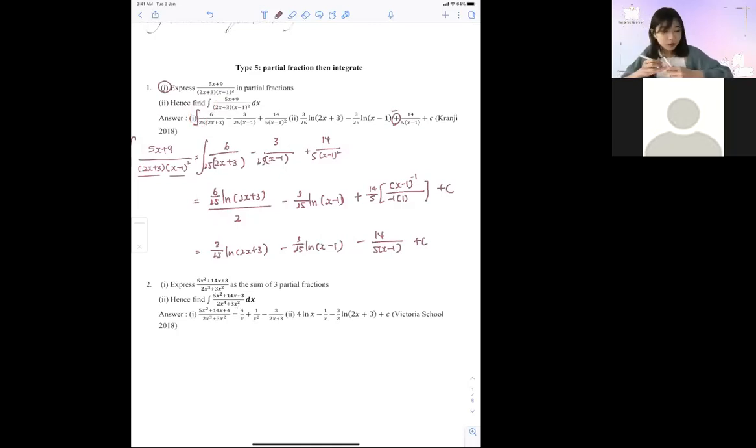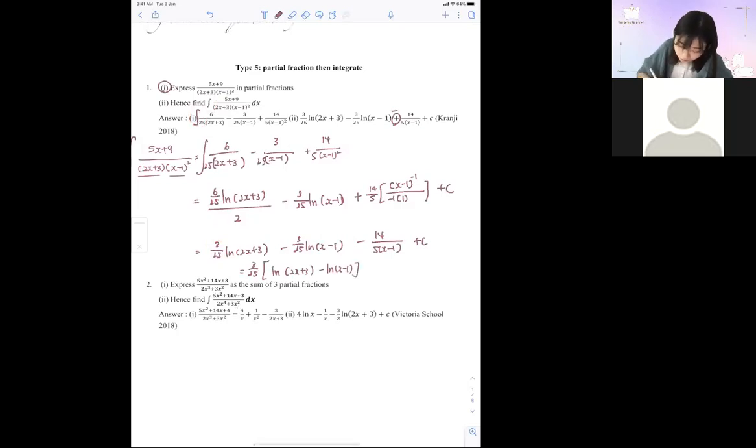Okay, now Dylan, can I ask you? When your answer is like that, we can actually simplify further. See here, this is 3 over 25, this is 3 over 25, right? If I take out 3 over 25, you have ln 2x plus 3 minus ln x minus 1.